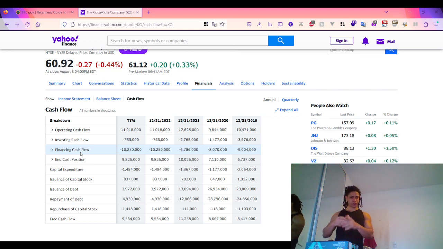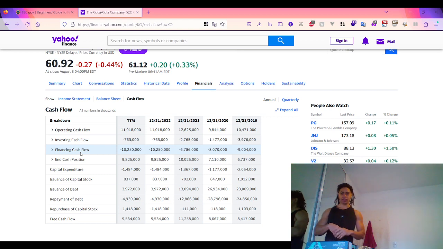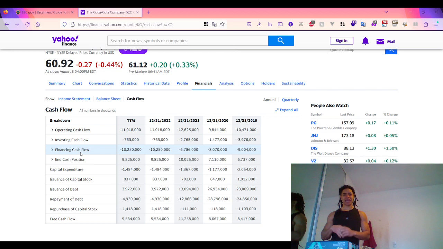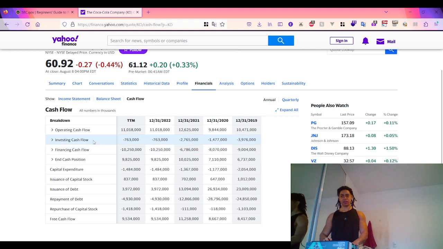If a company is constantly raising funds by taking on debt or issuing equity, that might not be a good sign of investment. However, if the cash flow of a company comes from its operations, the vast majority of that, that is a good sign of an investment. However, the devil is in the details.